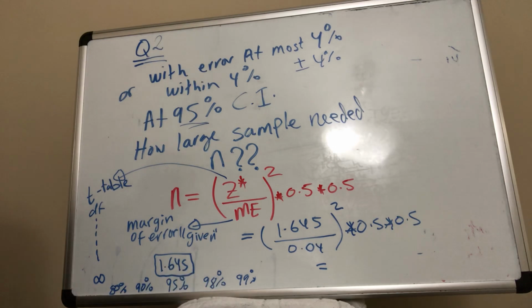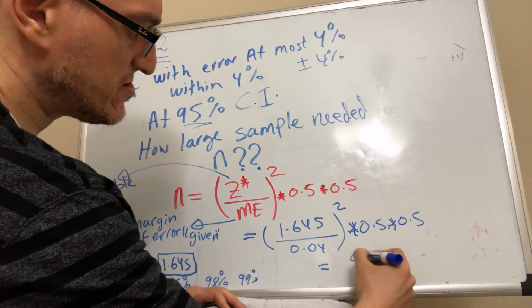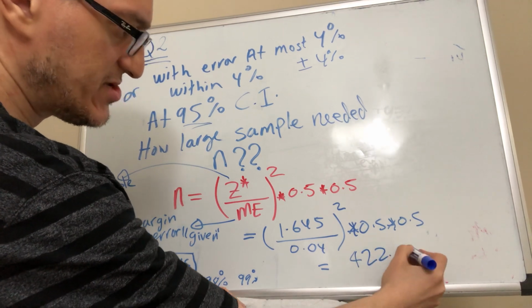So again, you take the calculator and you do the math. So 1.645, and divide by 0.04. You get 422.81.